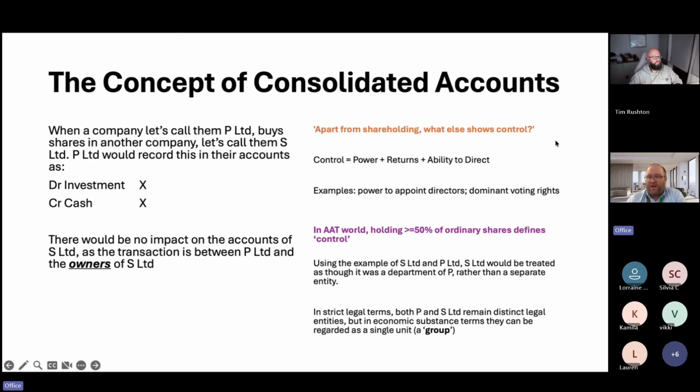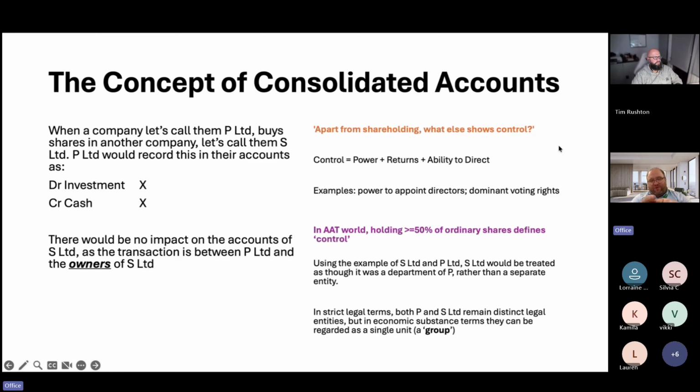So first thing we want to look at then, what's the concept of consolidated accounts? Why do we do it? What's the whole concept behind it? So if we start right at the very beginning, we've got a company, and for simplicity we're just going to call it P Limited, parent limited. They buy shares in another company, and we'll call that company S Limited.